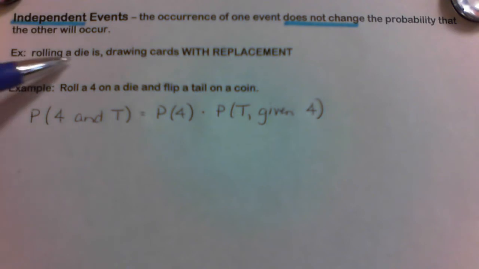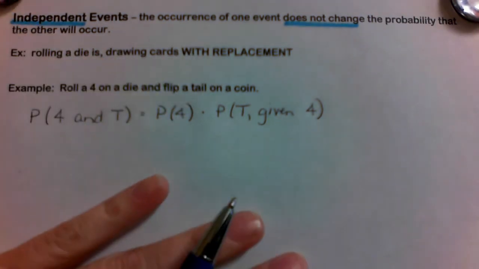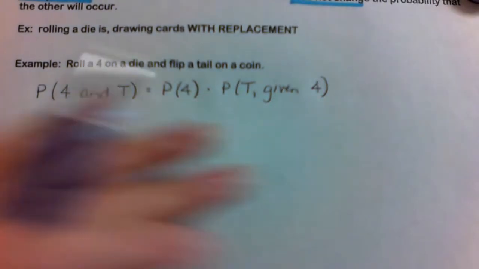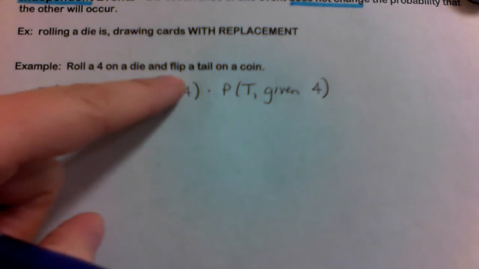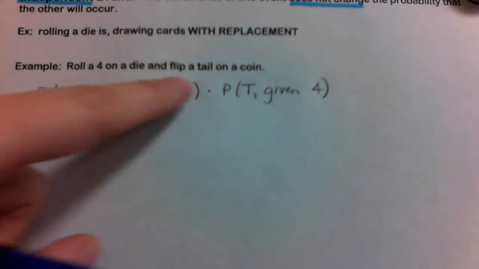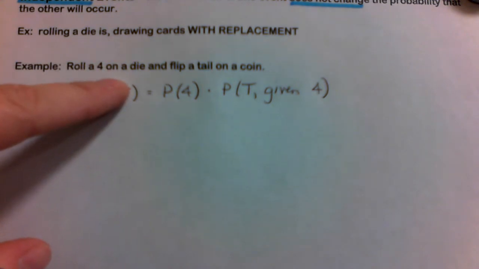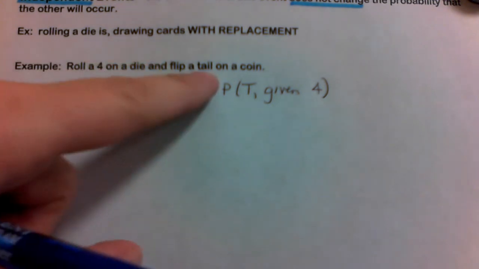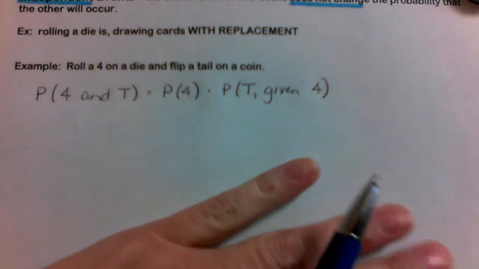Independent events are when you roll a die, drawing cards without replacement. Now, here is an example that reads, roll a 4 on a die and flip a tail on a coin. Well, these are independent because you first are going to roll a die, and that has no effect then on the occurrence of when you flip a coin.